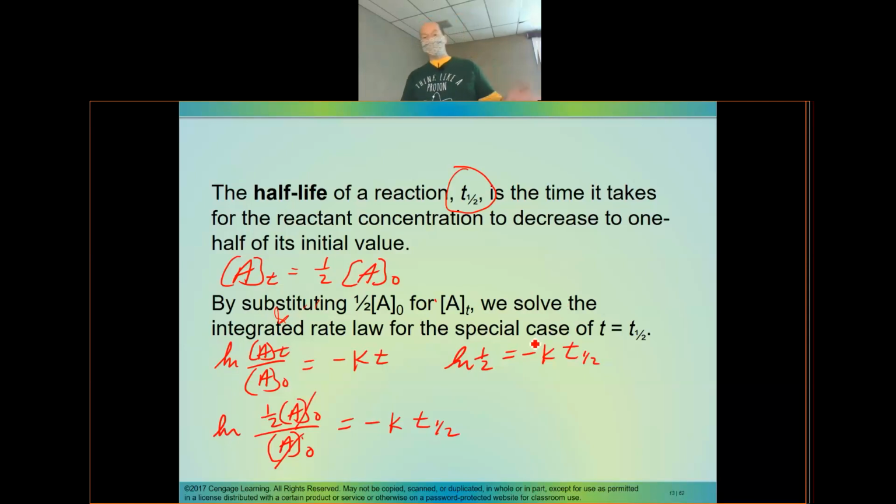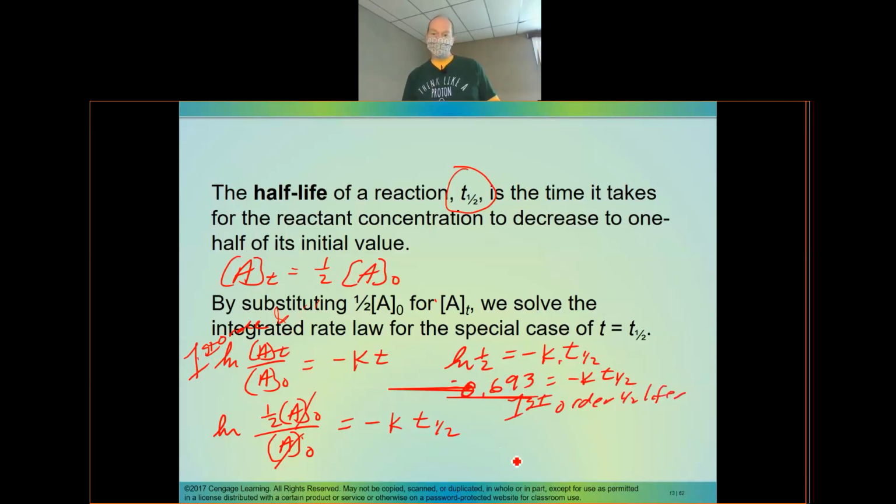You can actually get on your calculator, push the ln of 1/2, and that is a negative 0.693, and that's equal to negative K T 1/2. So divide both sides by a negative K. This is first order, since I used the integrated rate law with ln, which is for first order, and you need a first order half-life.